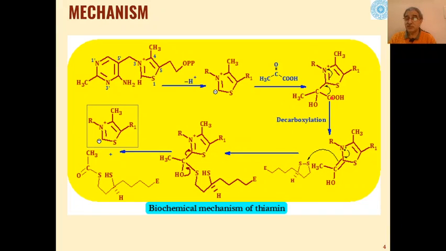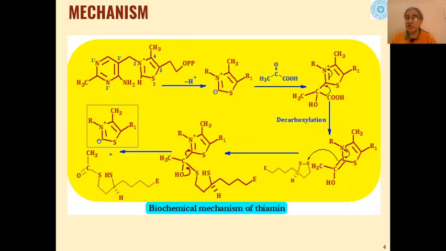And then this will undergo decarboxylation at this place, and a carbon-carbon double bond will be generated with the neutralization of the charge at this nitrogen. We will get this type of intermediate with a carbon-carbon double bond.